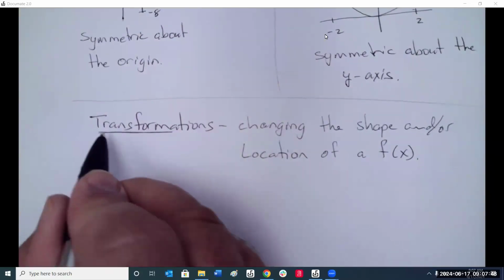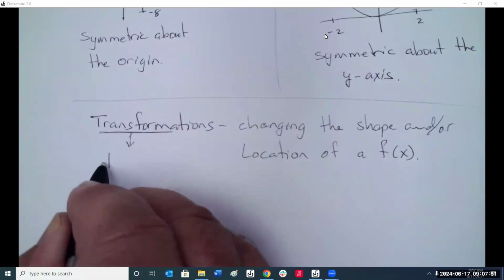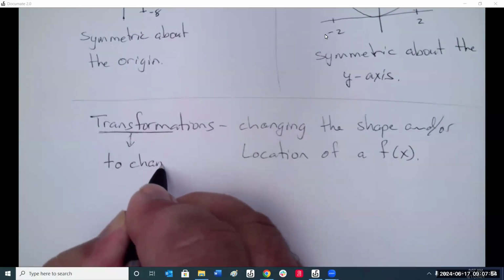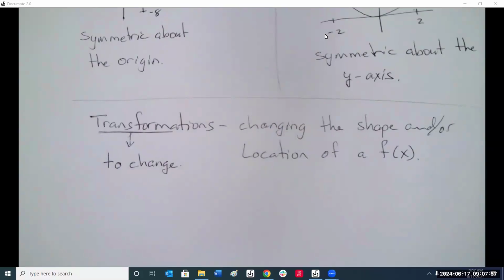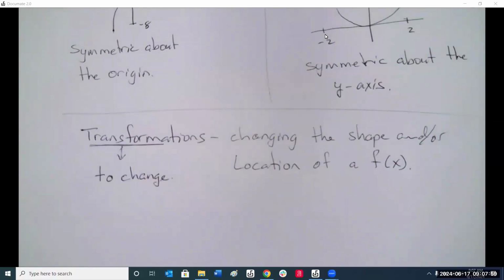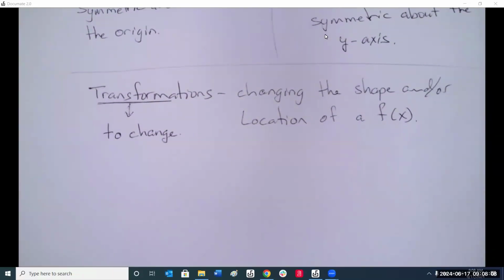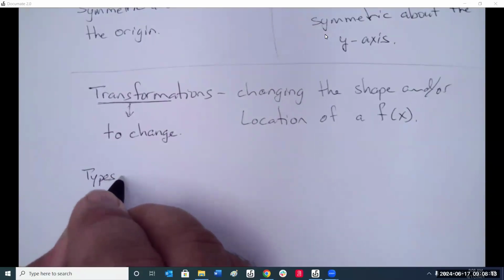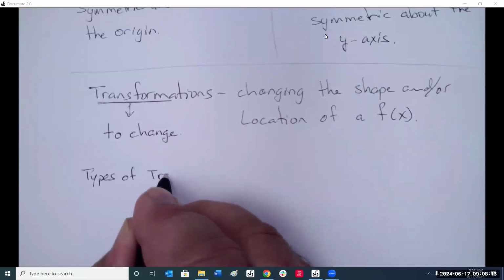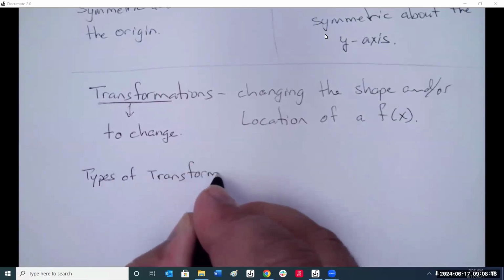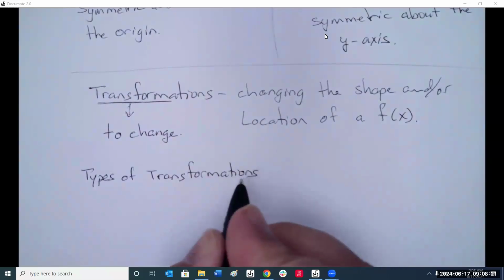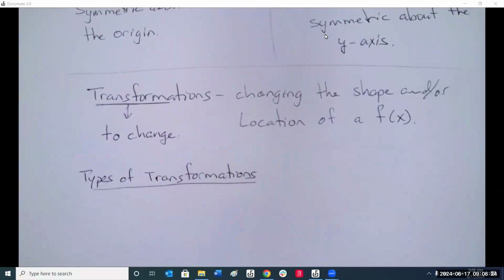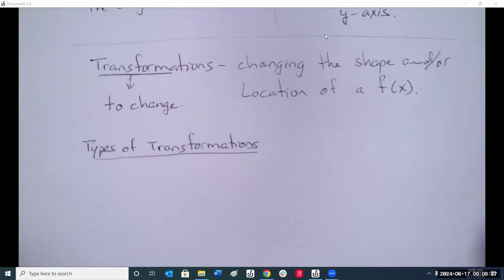To transform means to change. The types of transformations is what our focus is on.